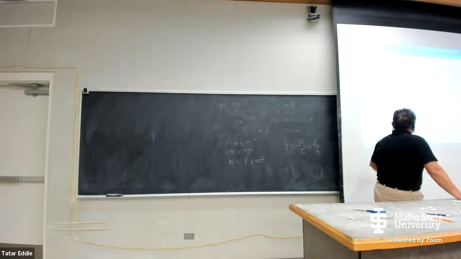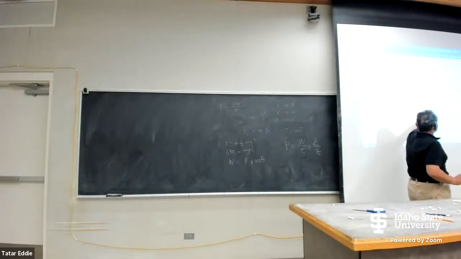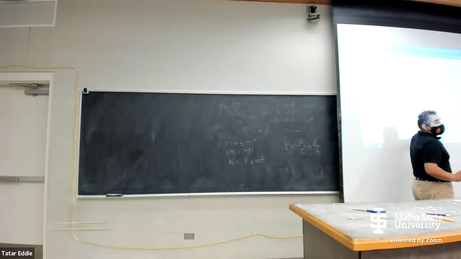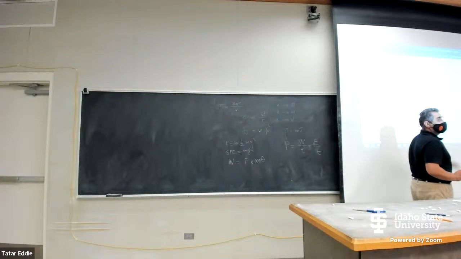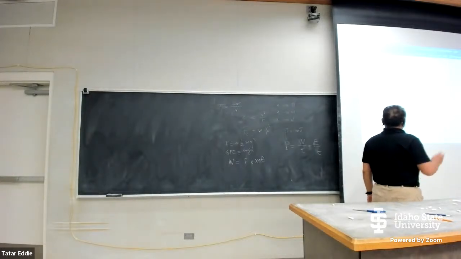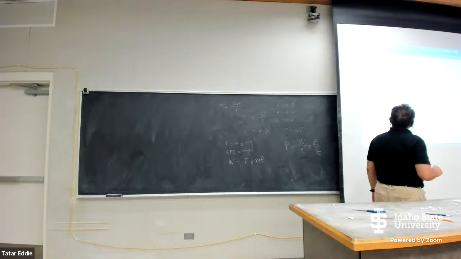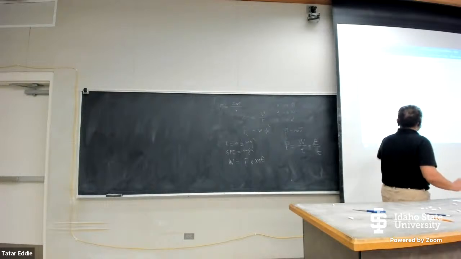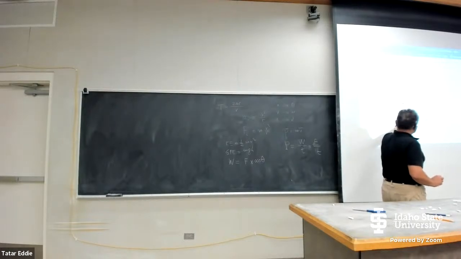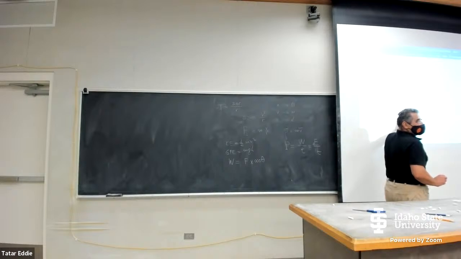And this block together with the embedded bullet is deflected in such a way that it reaches this height. So the first question that they ask is to find the speed of the bullet plus block while it is still here, just immediately after the collision.